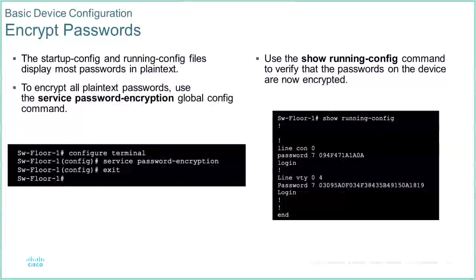Now, to give a small level of protection of our passwords that we enter into our configuration, we can do a very low level encryption, which is service password encryption. This provides a level 7 encryption, which is a very easy to break level of encryption.